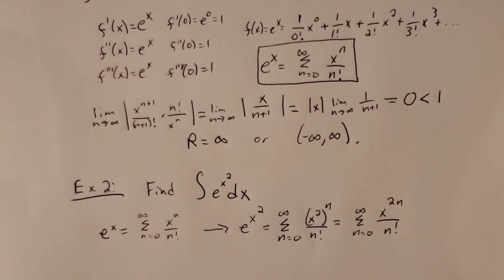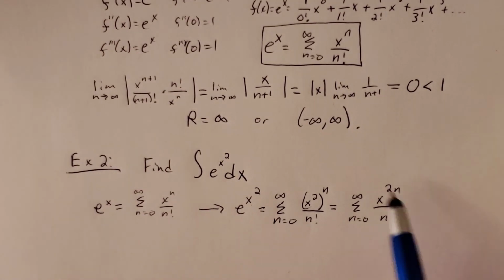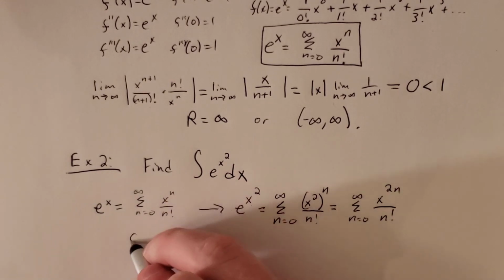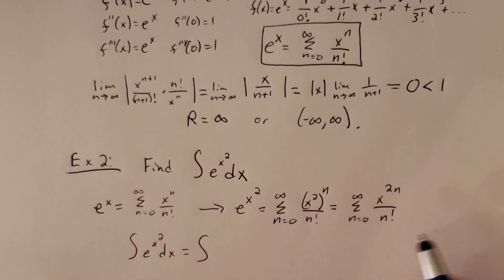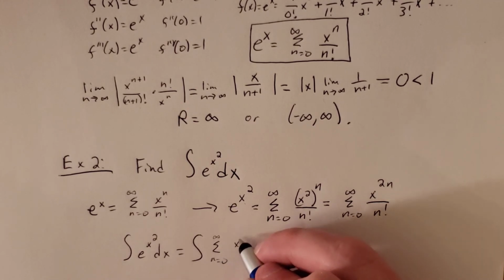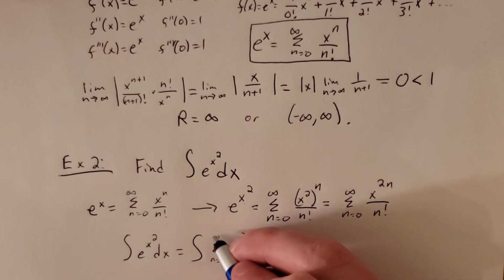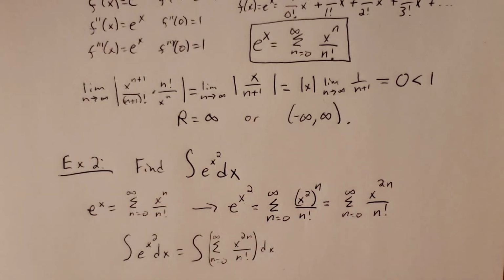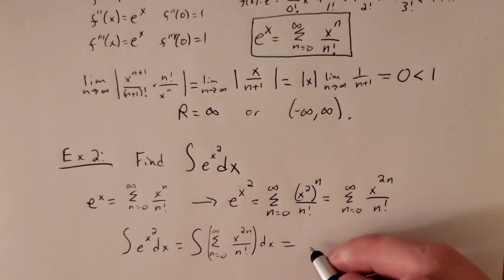Now for this, what do we need to do? Well, I wanted to integrate this. So let's integrate e to the x squared dx, which means we integrate the series from n equals 0 to infinity of x to the 2n all over n factorial dx. But let's integrate each of those terms. We integrate x to the 2n with respect to x.